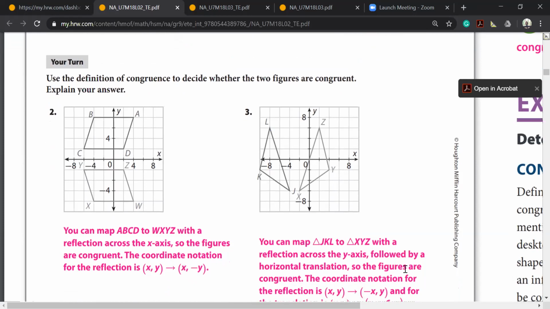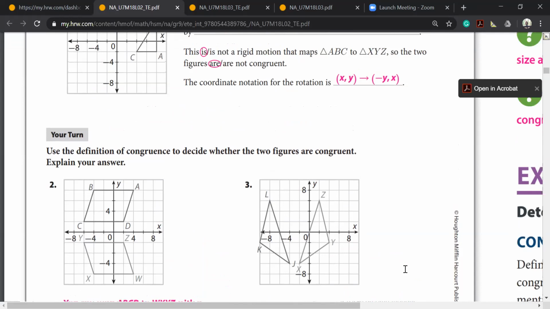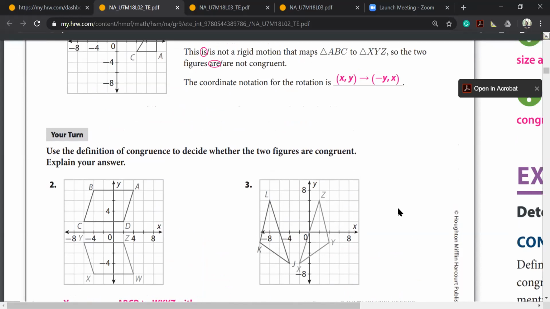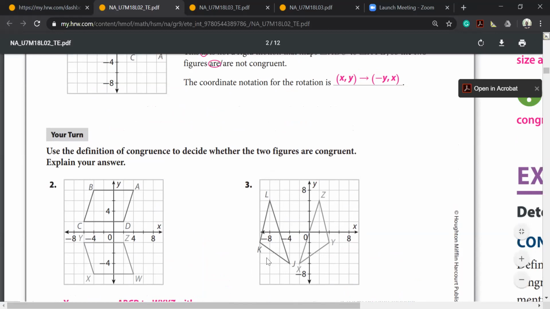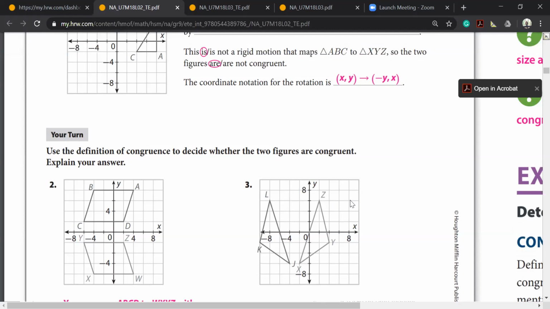Now let's see the second question. Again, they appear to be in front of each other, but if you actually do a reflection, here GKLM is the original one because it is the black one. If I started here and did a reflection across the y-axis, L will not land here. Actually, L will be there, right? So what made L move from this place to here?